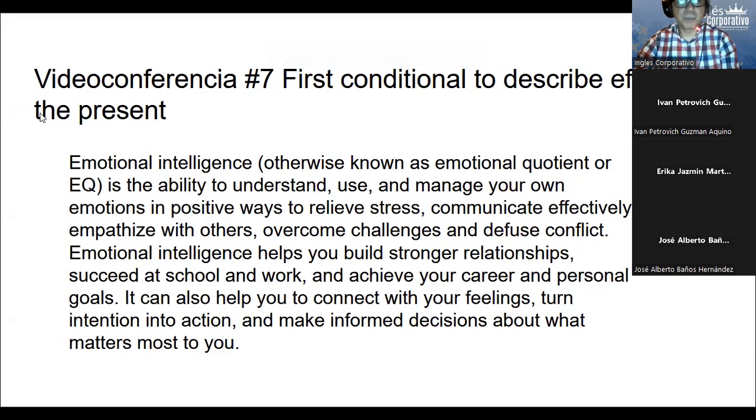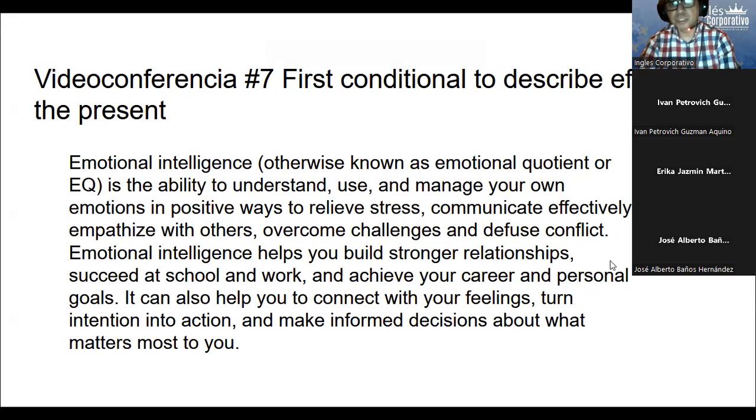It says emotional intelligence, otherwise known as emotional quotient or EQ, is the ability to understand, use, and manage your own emotions in positive ways to relieve stress, communicate effectively, empathize with others, overcome challenges, and defuse conflict.